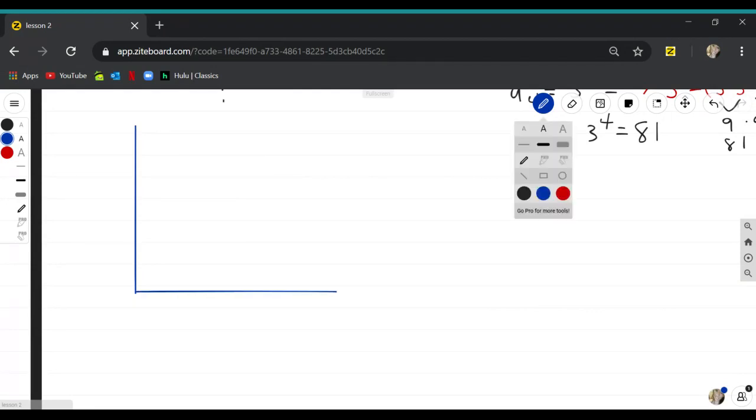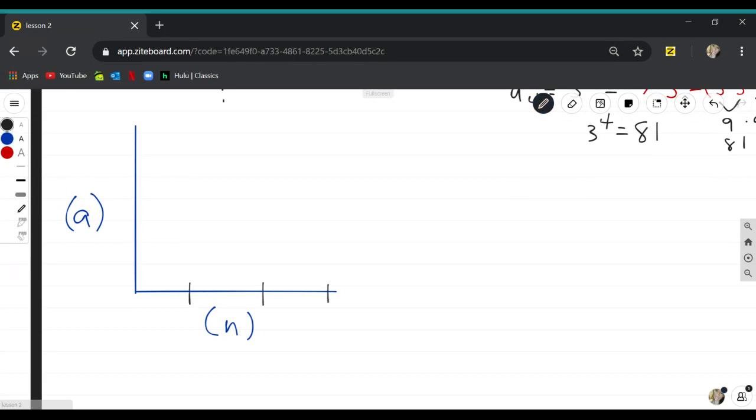So remember, this is our n, and this is our a. Then do 1, 2, 3. Let's go ahead and do it by 5.